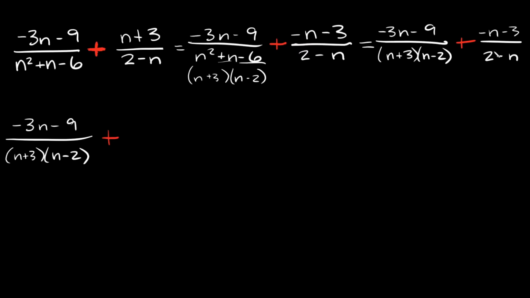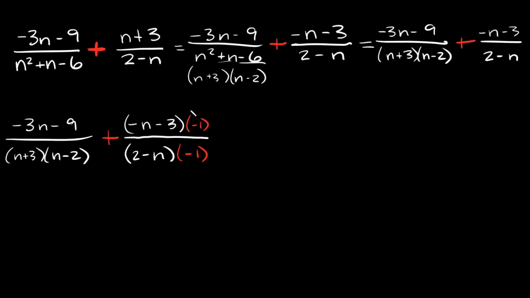To flip these, to get the n on this side and the minus 2 on that side, we just multiply the whole bottom by negative 1 and the whole top by negative 1. So we multiply the top, negative n minus 3, by negative 1, and we do the same thing with the bottom, the 2 minus n, multiplying that by negative 1.